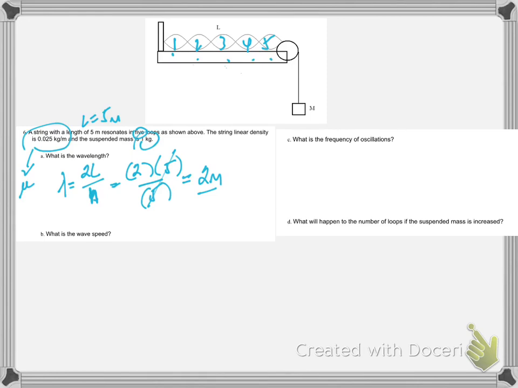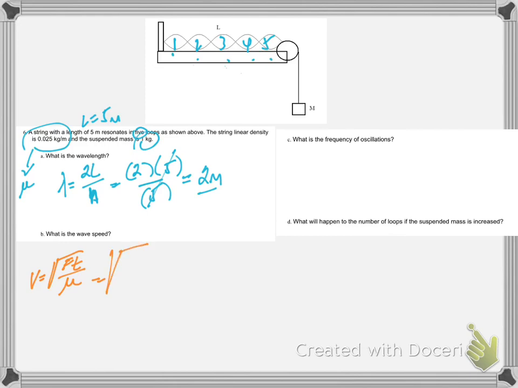Part B, what's the wave speed? Well, we can say velocity equals lambda f to get the speed, and we know the wavelength, but we don't know the frequency. So this isn't going to help us right now. We would have to look for another equation that can give us wave speed, and that would be velocity equals the square root of force tension over mu.